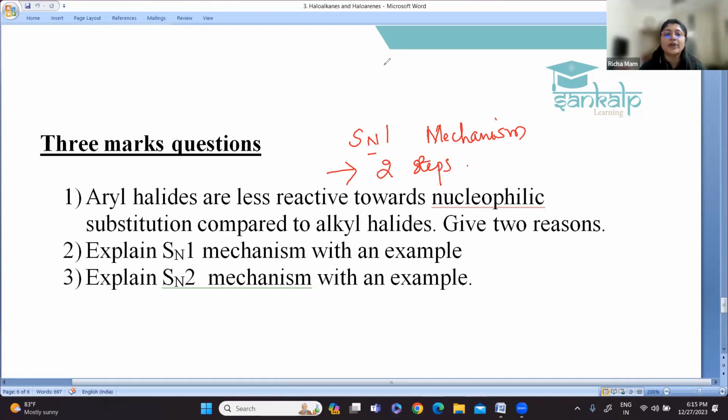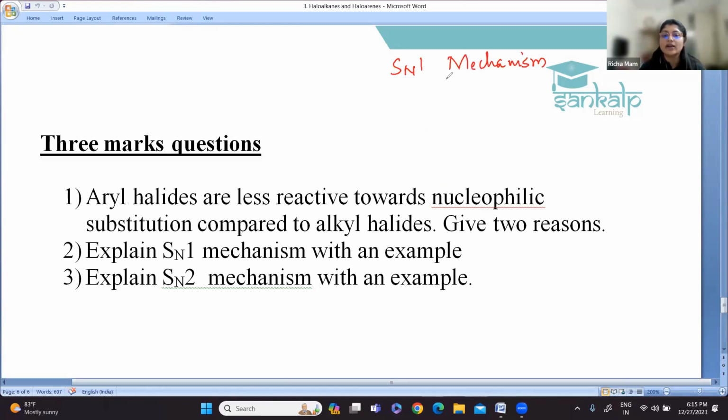Firstly, you need to write the general reaction. So I'll write the general reaction. (CH3)3C-Br. What is this? It is tertiary butyl bromide.